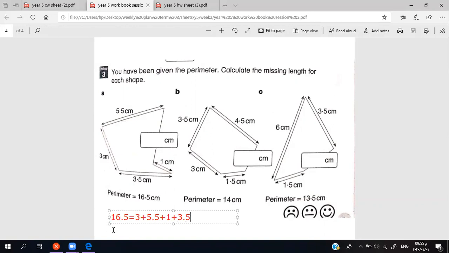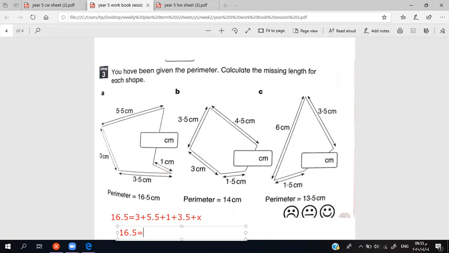Now let's name this side, for example, x. I don't know this side, the remaining side. There are 1, 2, 3, 4, 5 sides, and I have only 4 numbers. Now this means what? And 16.5 is equal to what?